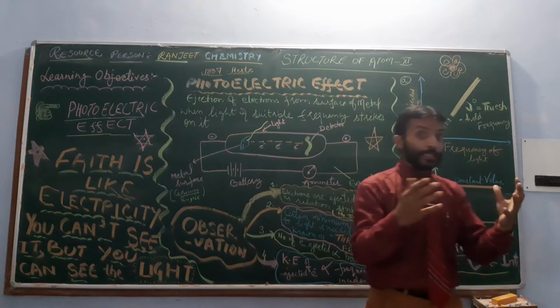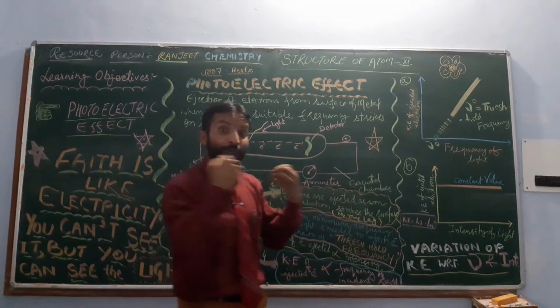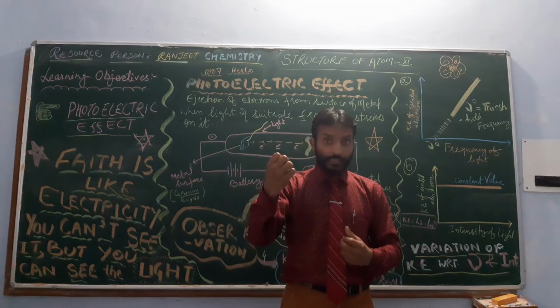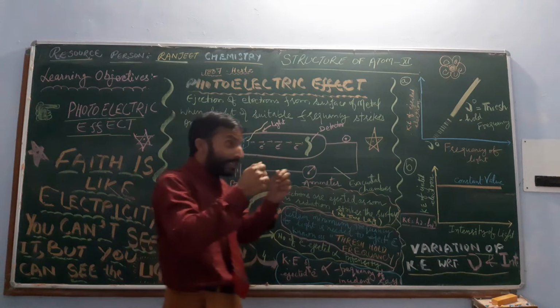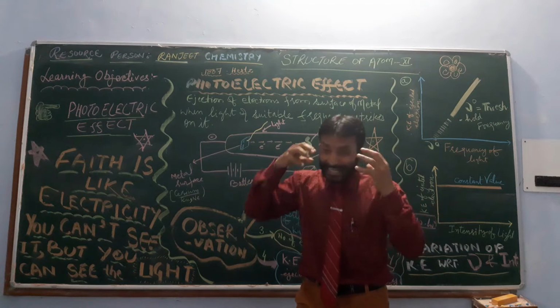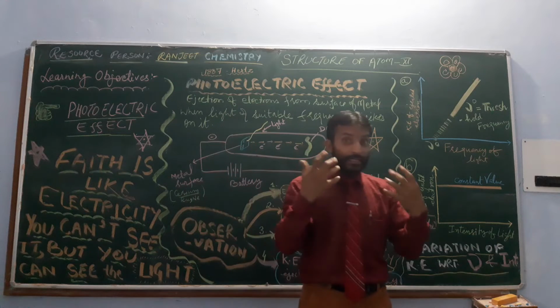They have a tendency to lose electrons, but the electrons are not totally free there, because electrons get attracted by the nucleus, right? Oppositely charged particles. So we need some energy to eject the electron. If I have to take it out from the surface of metal, I have to provide energy.